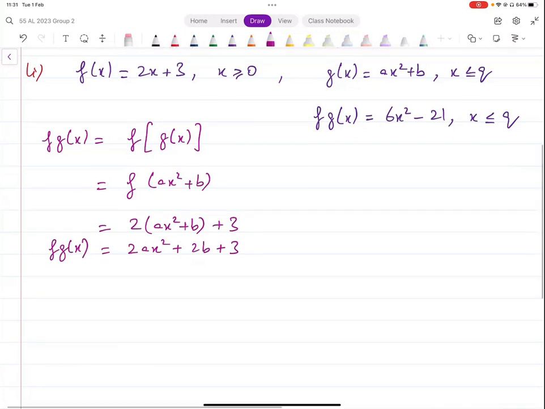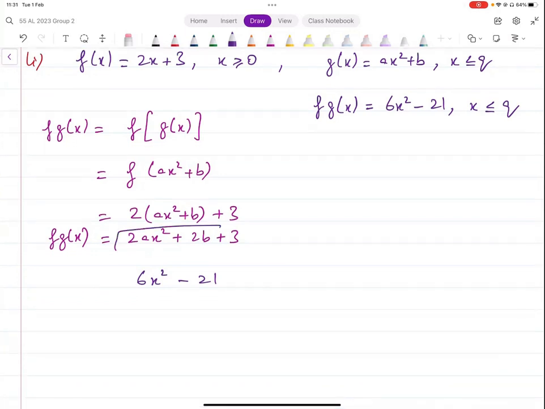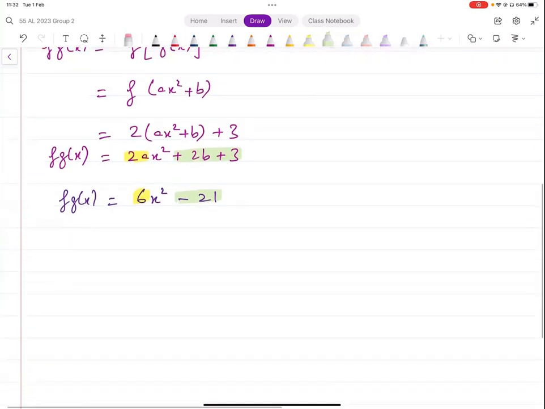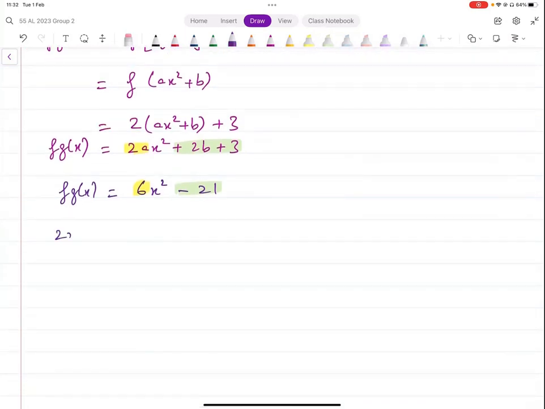Okay? You were given that the composite function is actually 6x squared minus 21. So you can just compare the two. You say, this is what we are getting, and we were given that fg of x is actually equal to this. That means they should both be identical. So the coefficient of x squared in both of them should be equal. And similarly, the constant in both of them should also be equal. So we get two equations from that. We get 2a equals 6, and 2b plus 3 equals minus 21.